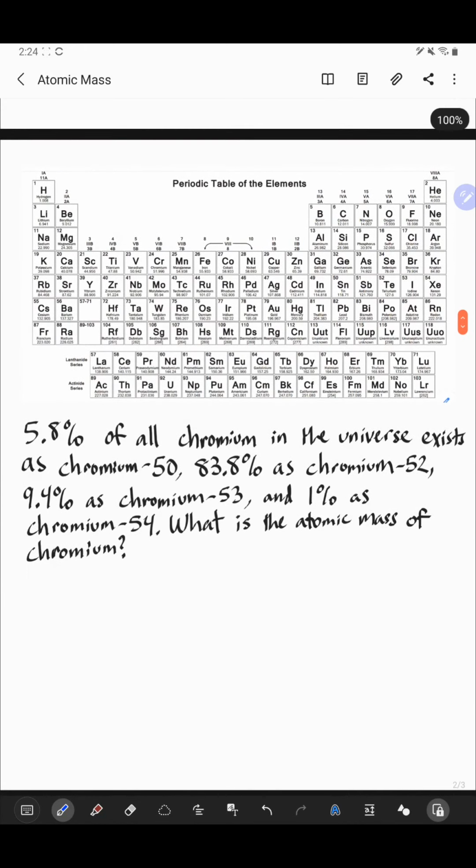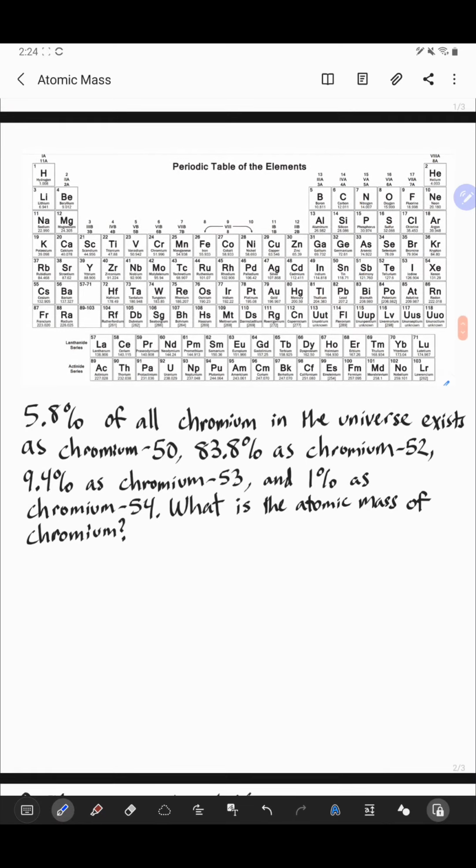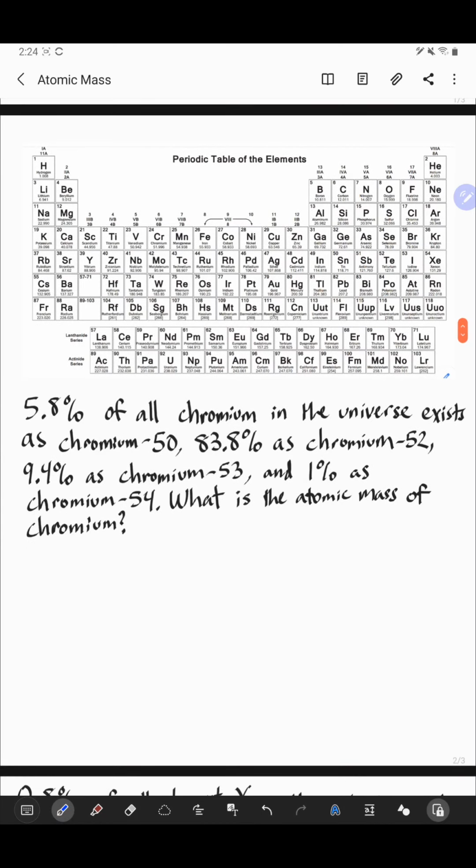So we're going to do some example problems and just a few hints before we get started on these. First of all, whenever I have an actual element that's on the periodic table, when we calculate the average atomic mass, the answer can be found on the periodic table.